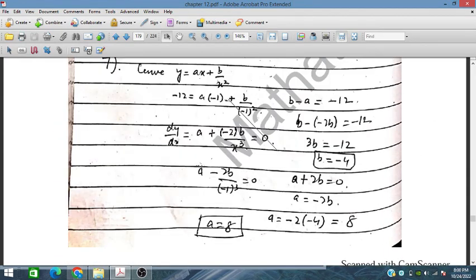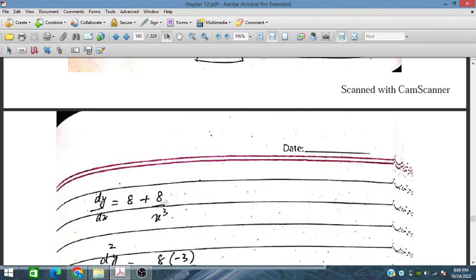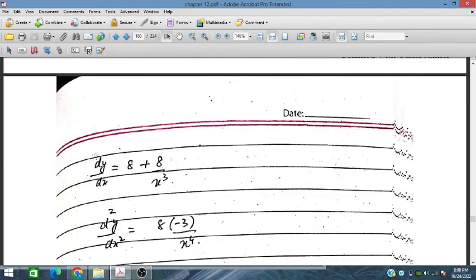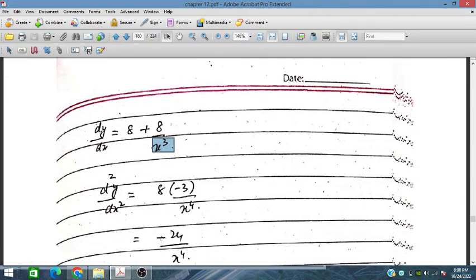So at this place this is -4, so this is 8. So the first derivative is equal to this. So the second derivative, this is 0 and this is -3. It will go up, and then -3 and then x to the power -4. So the second derivative is this.